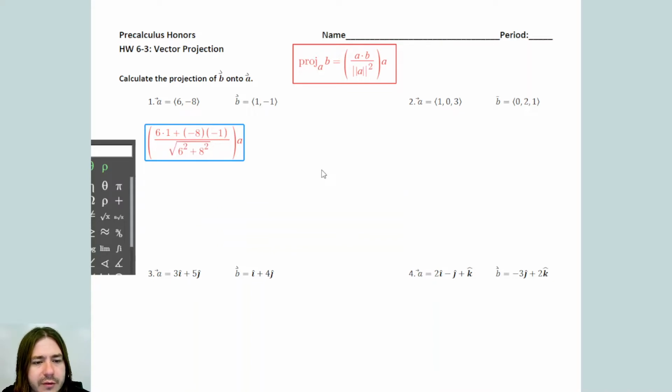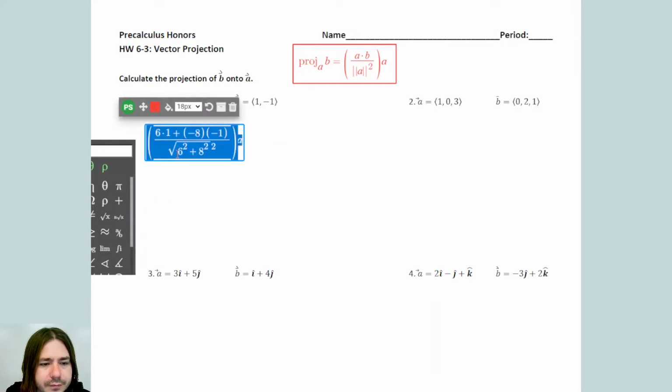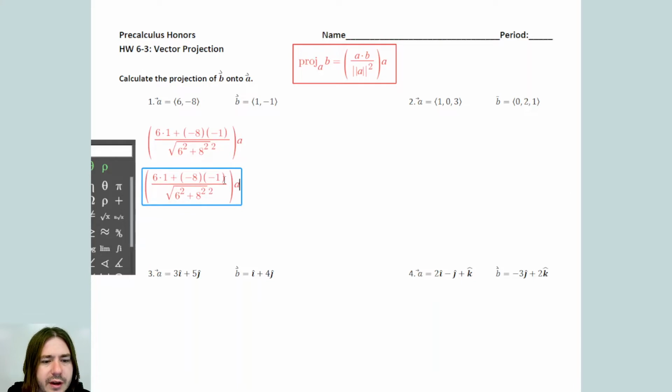So I wonder if I can make this look a little better. Or is that just, yeah, that's just how it's going to be. So we've got 6 squared, which is 36, 8 squared, which is 64, and I'll simplify all those separately.